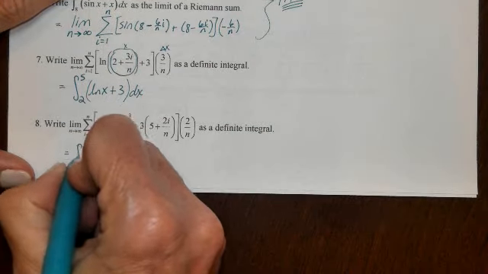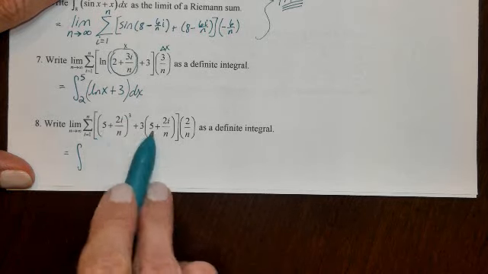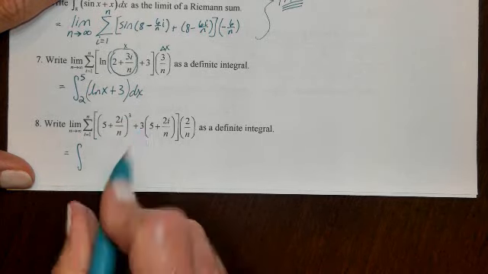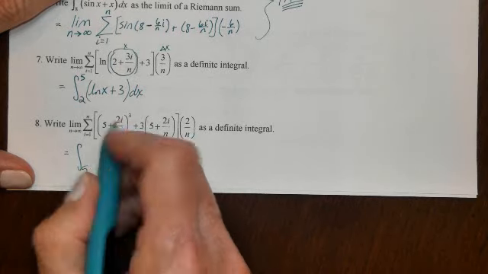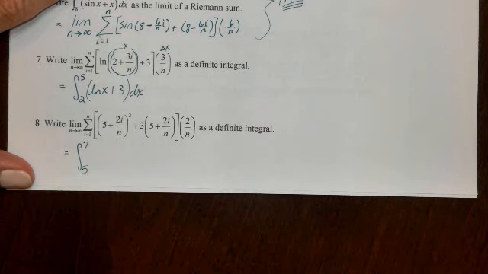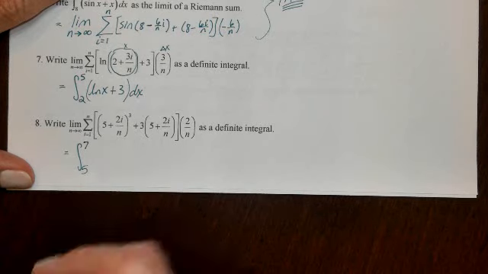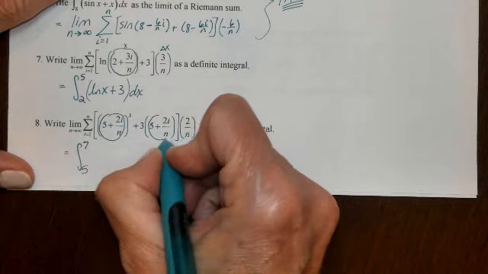Okay, let's do number 8. What's our lower boundary? Well, we need to look right here. It's the 5. What's our upper boundary? Well, 5 plus 2, it's right there, 7. Okay, there's our boundaries. What's our function? Remember, this is x, and this is x.